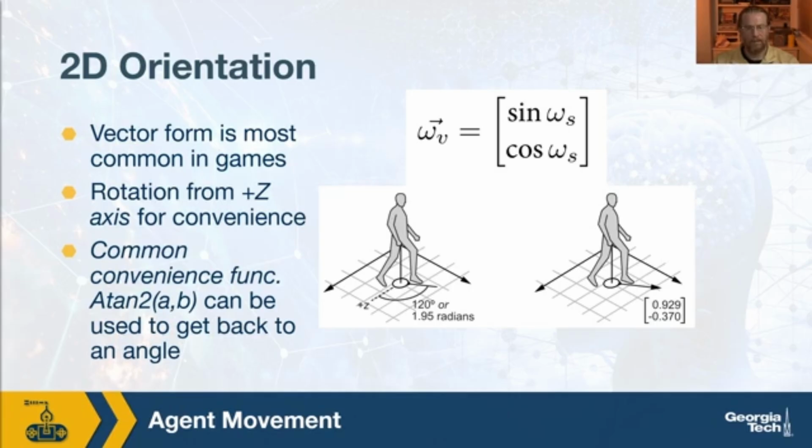So normally, in terms of the statics for your agent, you're going to store, again, position and orientation. Orientation you probably will store as a unit vector. It's usually easier to work with unit vectors, but you could also store it as an angle.